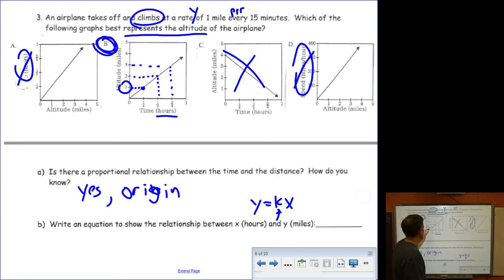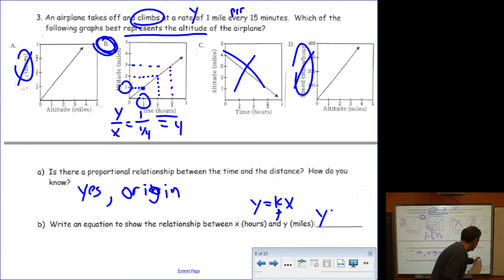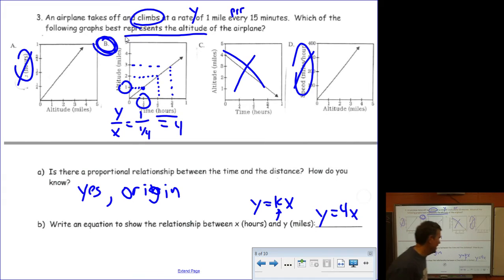So maybe I would do this one. Y over x would equal 1 over 1/4, which equals 4. So this would be y equals 4x, which means it goes up 4 miles every hour.